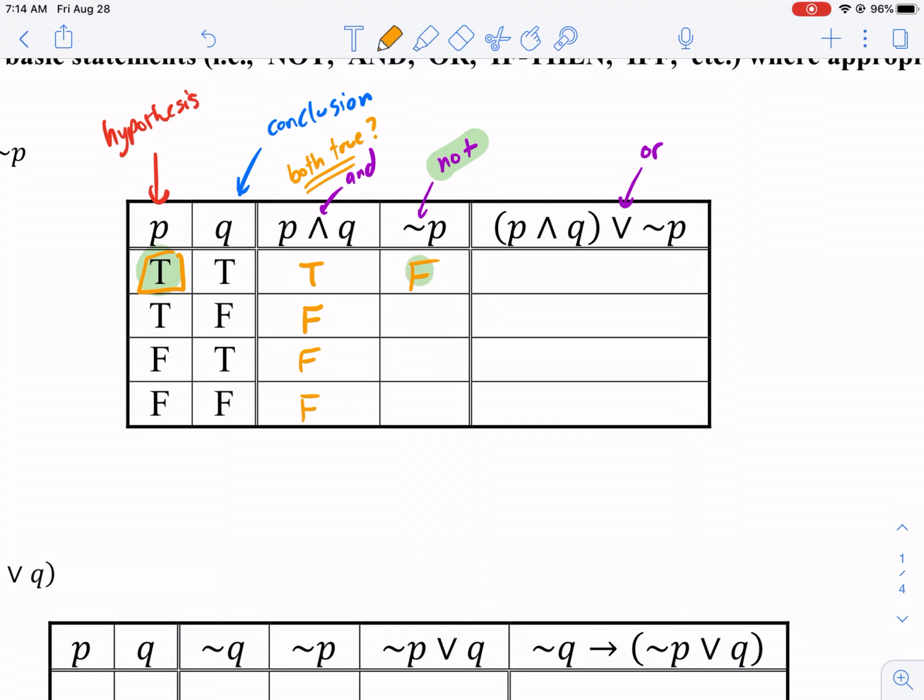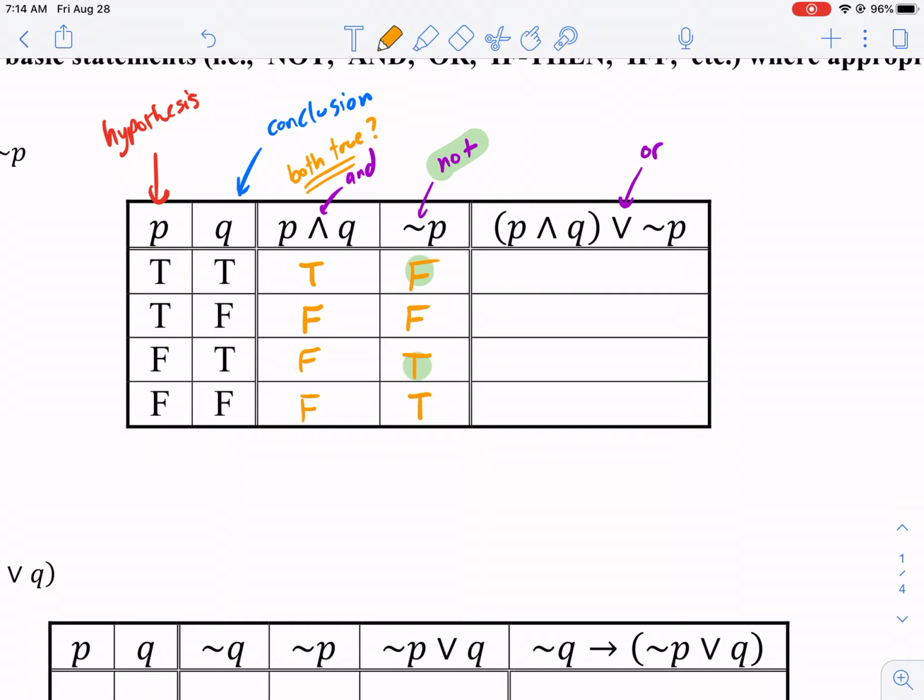Next one, P is true again, so we negate it, and that becomes F. Next one, we see that we need to negate the F. So it's almost like a double negative becomes positive. If something's not false, then that means it's true. So we put the T there. It's the opposite of F. And of course, this one's the same thing. If this one is F, then we need to put the T, because it's the opposite of false.